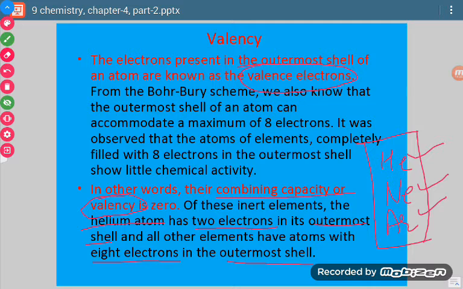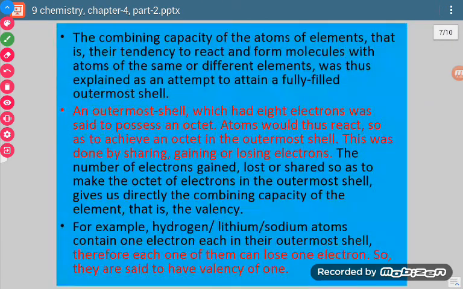If it is not reacting, then we say that its combining capacity is 0. So although there are 2 electrons in helium in the valence shell, it is a noble gas, so it has no tendency to combine, so its combining capacity is 0, or in other words, the valency of helium is 0. This was the point to be learned properly.